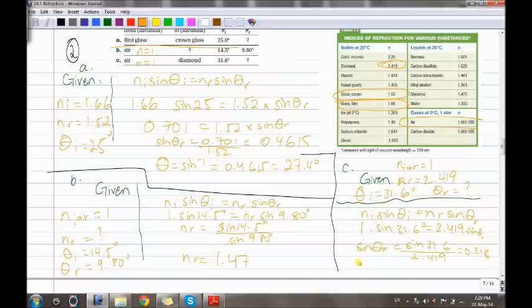So sine inverse 0.216 equals 12.5 degrees. So that's the answer.